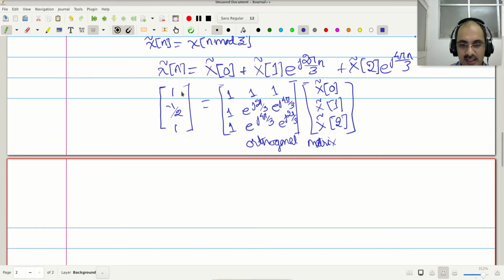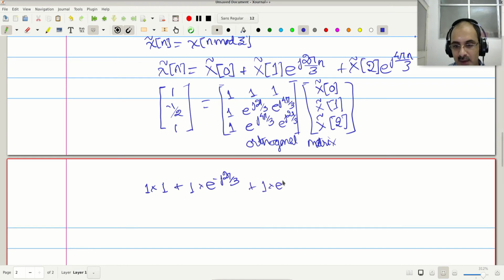So let's take the first row and the second row. So I must say 1 multiplied by 1 plus 1 multiplied by e power minus j 2 pi by 3 because I'm taking the conjugate, plus 1 multiplied by e power minus j 4 pi by 3.